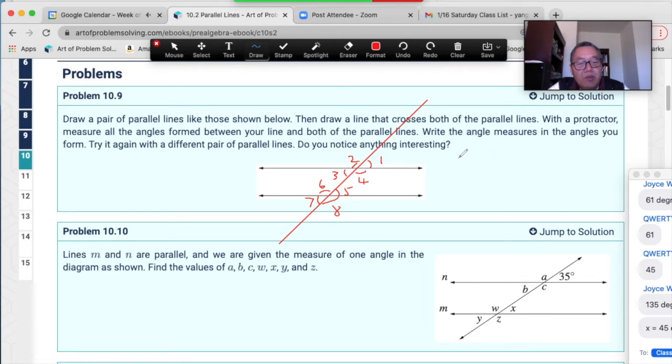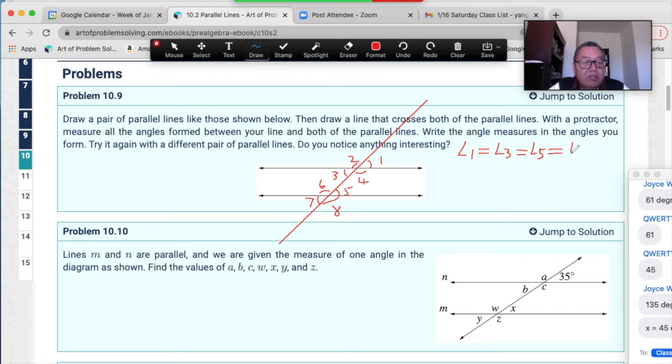You know, last time we already wrote angle 1 equals angle 3, because these 2 angles we already proved they are always the same, always congruent, because they are vertical angles. And this angle also equals angle 5. Angle 1 and angle 5 are called corresponding angles, and they are always congruent.